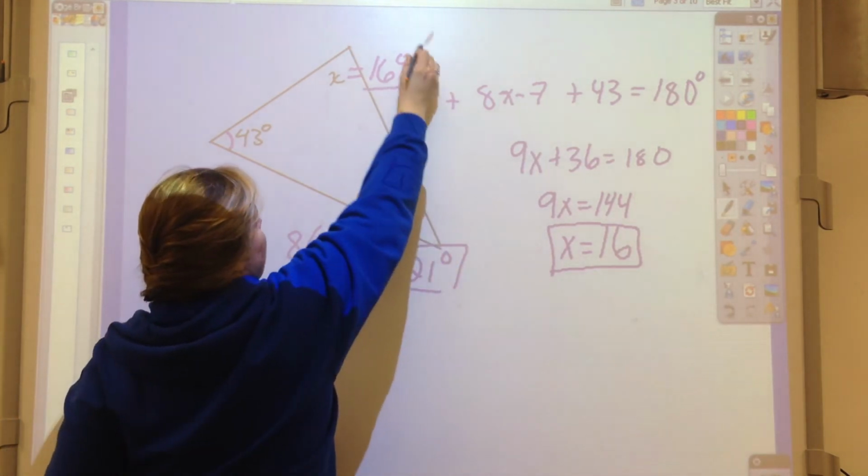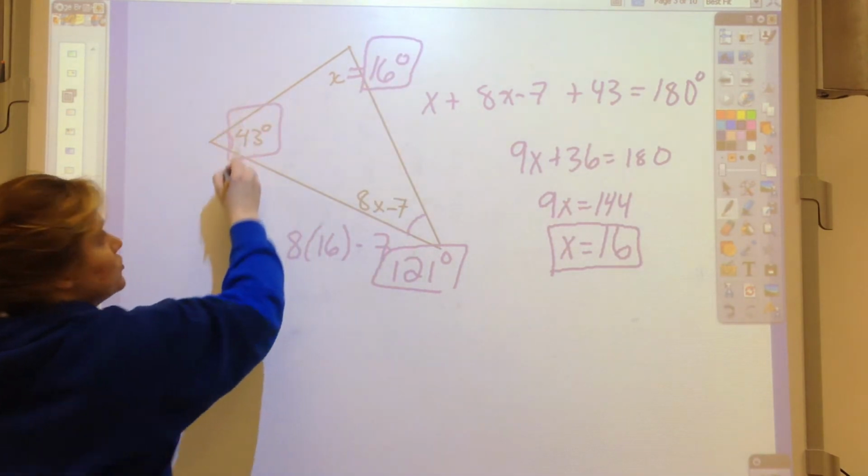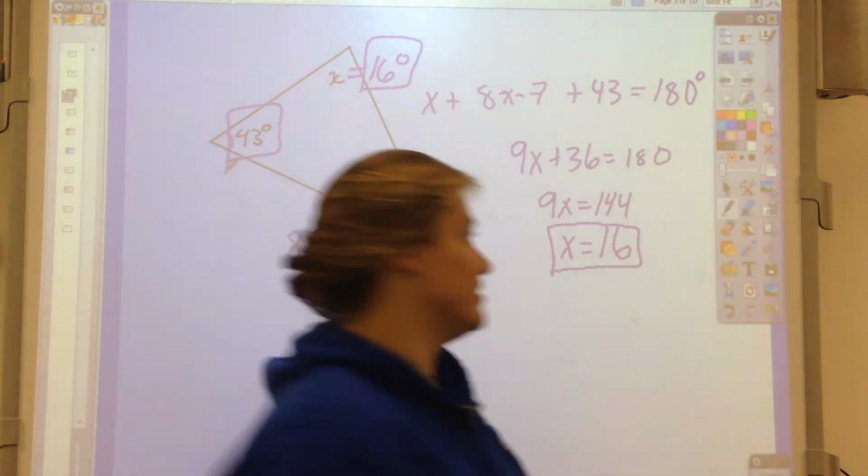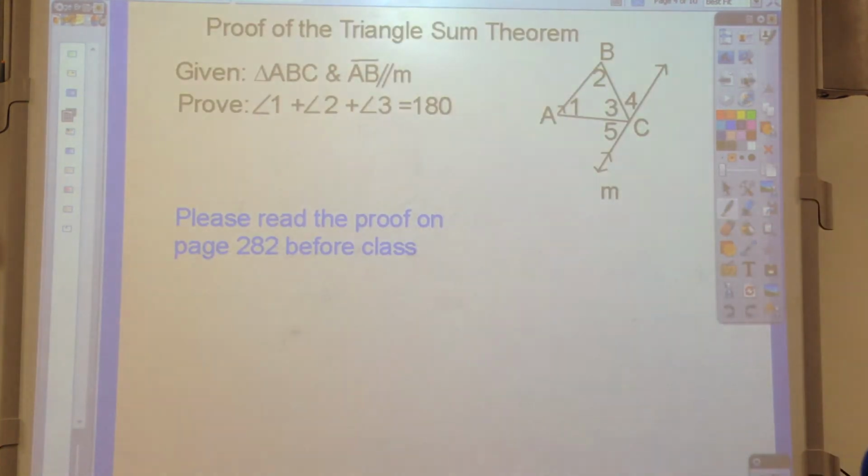So now I know all three angles. You can double check yourself by making sure that they add to 180 degrees. We are going to do the proof of the triangle sum theorem near the beginning of class tomorrow. Just to prepare for that, I suggest you read the proof on page 282 before class so that you're ready for it.